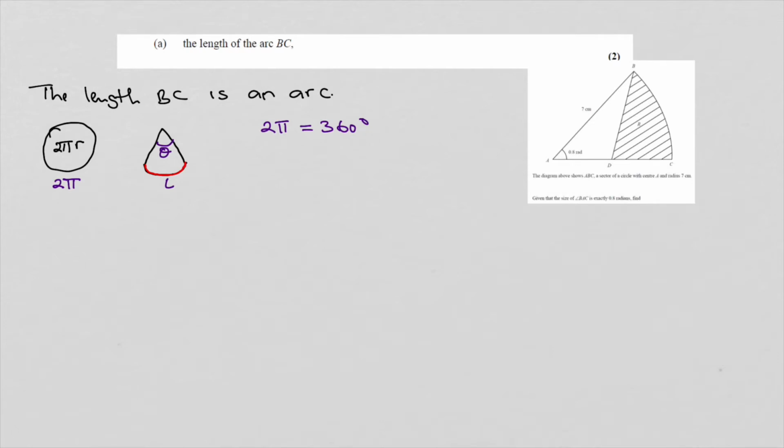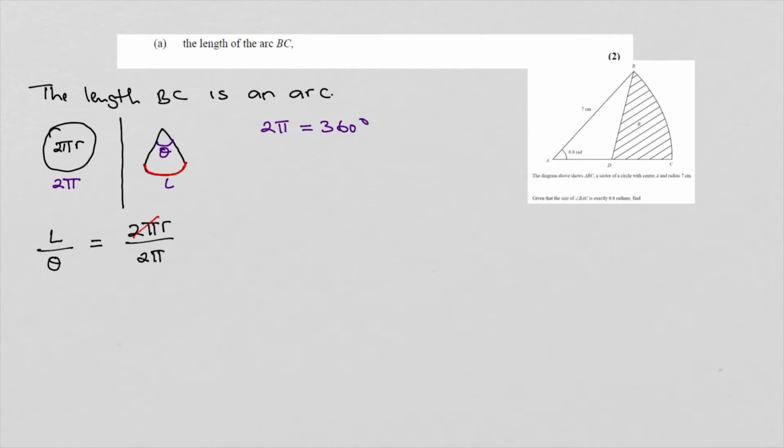So all we need to do is compare the two together as a ratio. I'm looking for L, so I'm going to put it on top. L over theta of the sector should be equal to 2 pi r over the angle 2 pi.